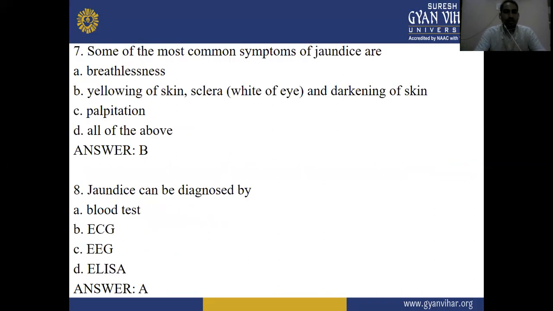Next question: some of the most common symptoms of jaundice are: option A, breathlessness; option B, yellowing of skin and sclera, the white of the eye, and darkening of urine; option C, palpitations; and option D, all of the above.